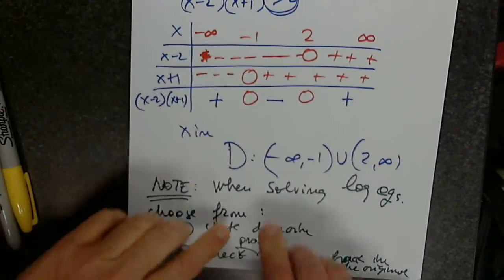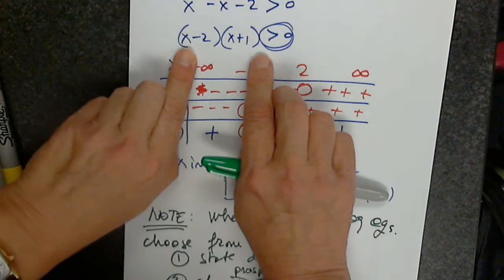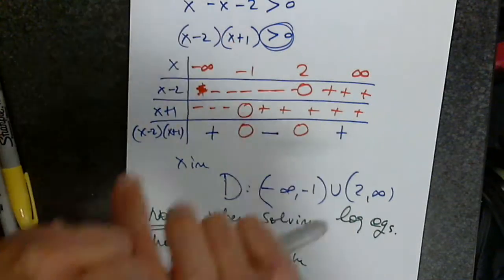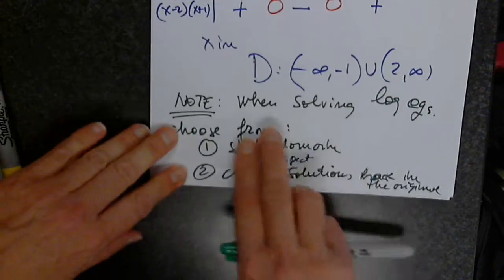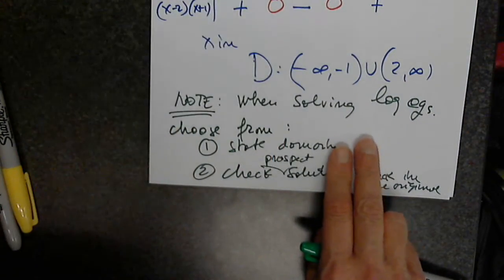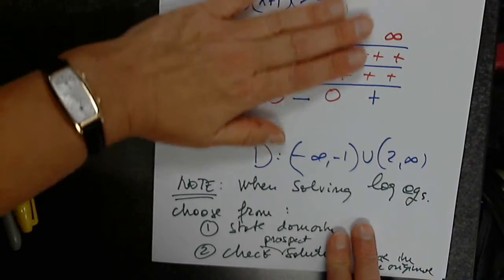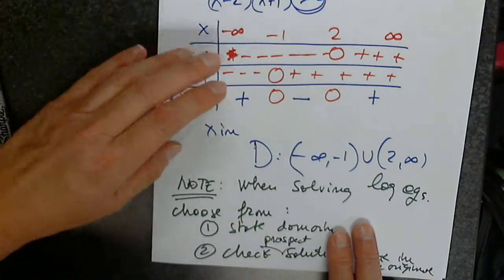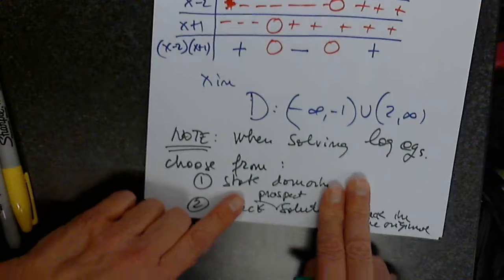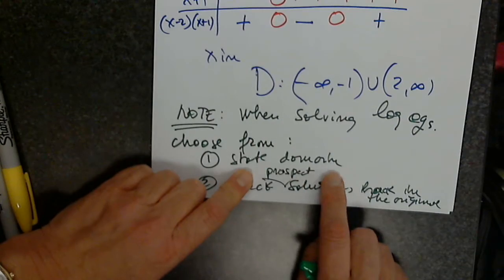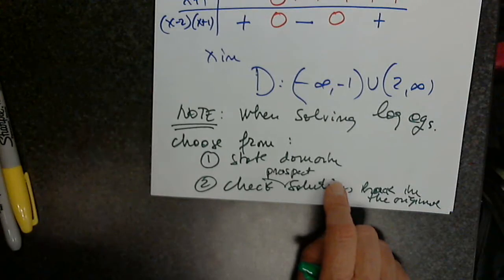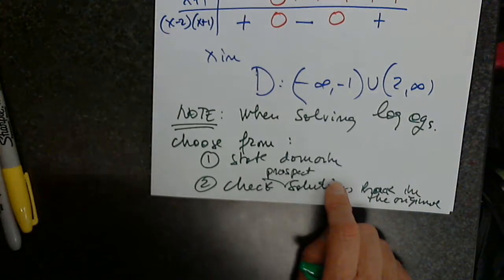So the chart is only when I have to study the sign of a product or a ratio. When I solve log equations, I will not have to do that. I discussed this just to show you how I state the domain, how I find the domain. Right, okay. So the chart will get us to the domain. Yes, exactly.